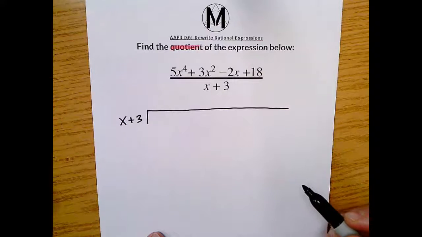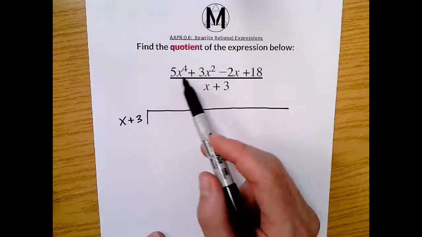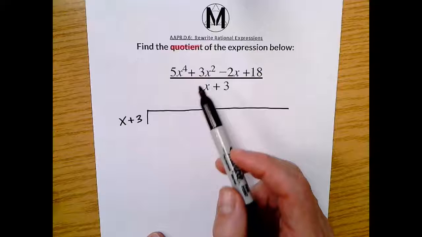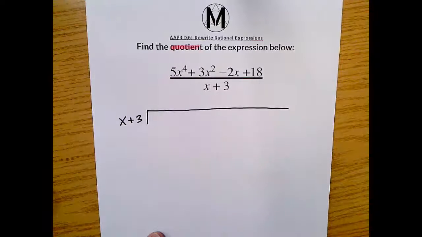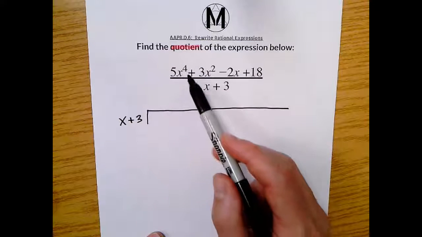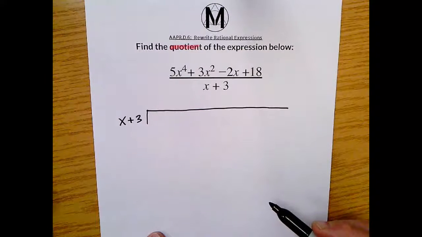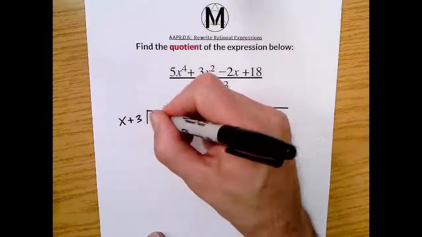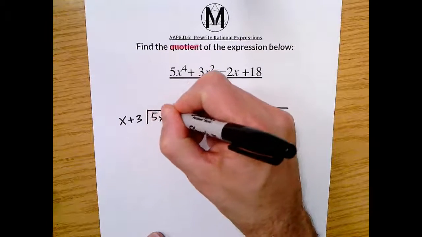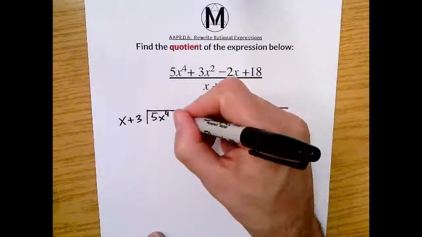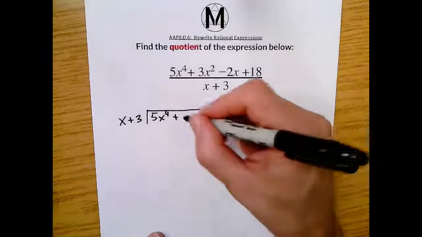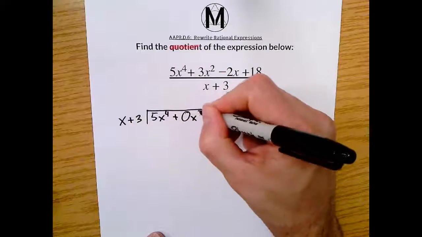Now, if we look at this, we see that it goes 4 and then down to 2. Okay? And that's something we need to address because we do want our degrees to go 4, 3, 2, 1, and then 0. So what we're going to do here is I'm going to start writing. And then for the x to the third degree, I'm just going to put in a 0x to the third degree.